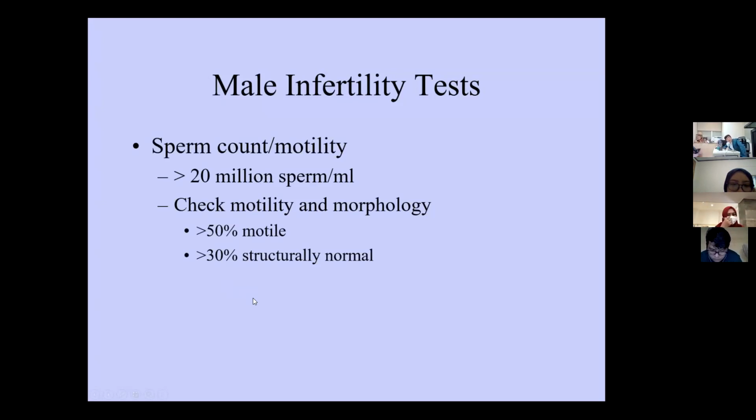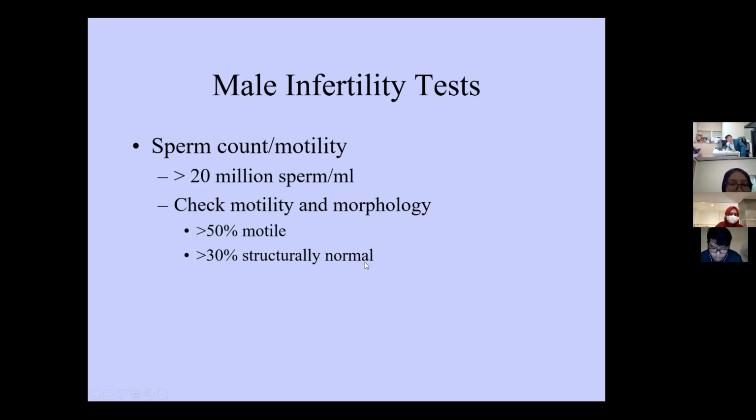For the male, we can collect the sperm by ejaculation for the laboratory test. Per male, we should have at least 20 million sperm. And we check the motility and the morphology. The normal is above 50% motile, and 30% structurally normal.